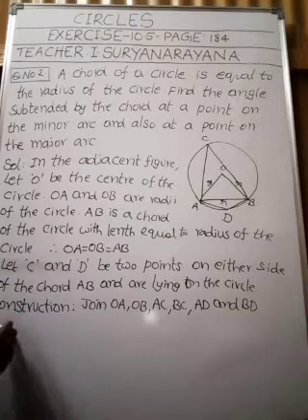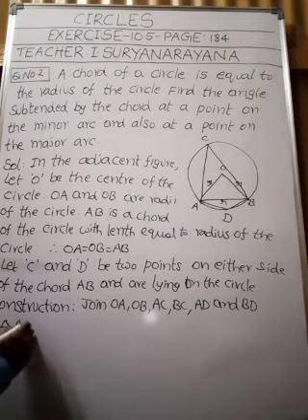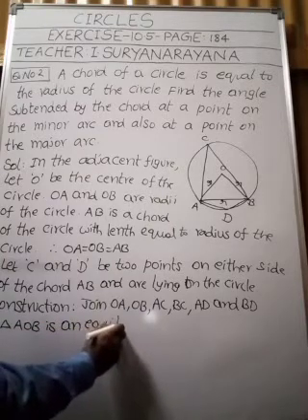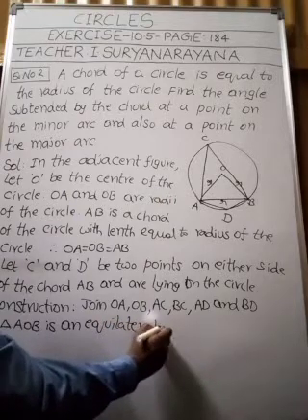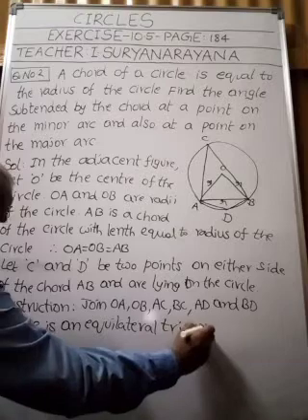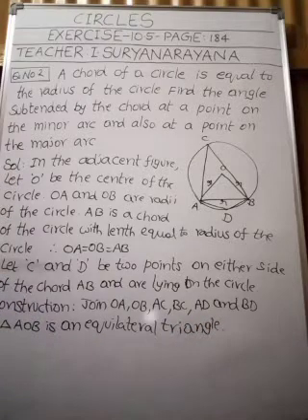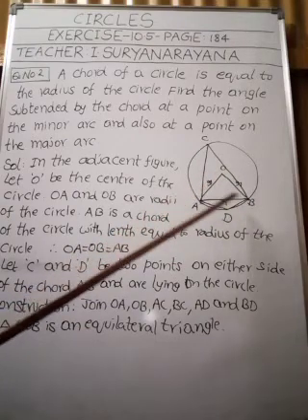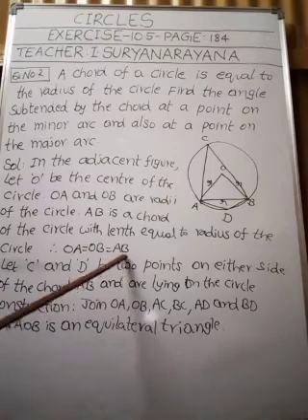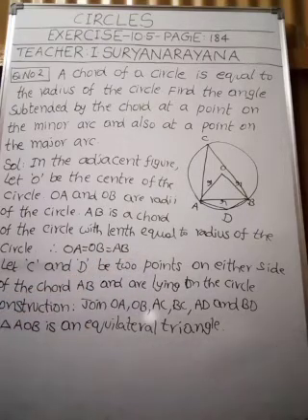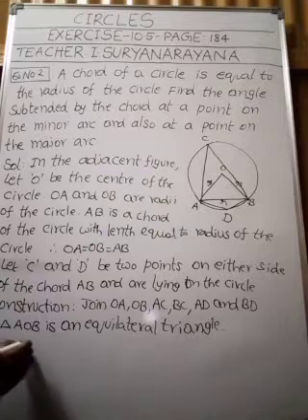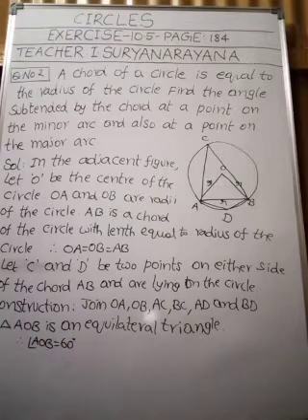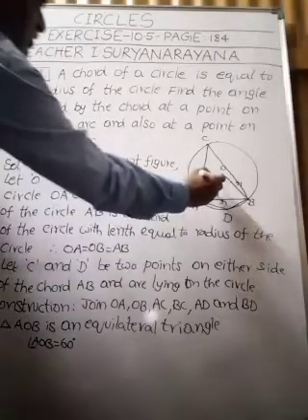Triangle AOB is an equilateral triangle because OA is equal to OB is equal to AB. We have written this sentence here clearly. Yes or no, my children? Therefore, it is an equilateral triangle. Therefore, angle AOB is equal to 60 degrees. Yes or no, my children? This is angle 60 degrees.